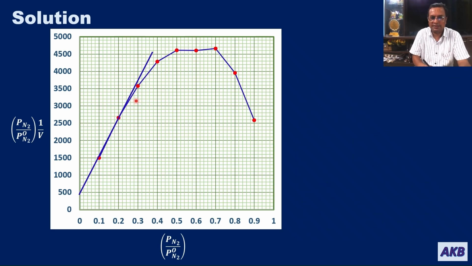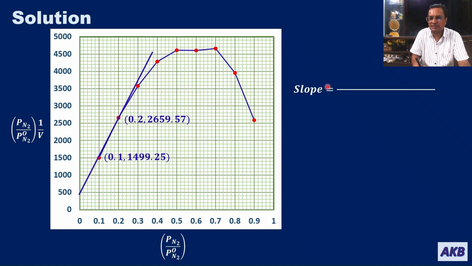Now let us find out the slope of the straight line, the geometrical slope. For this, I will consider 2 points on the line. One is this point, which has coordinates of 0.2 and 2659.57. And this is the other point, which has coordinates of 0.1 and 1499.25.